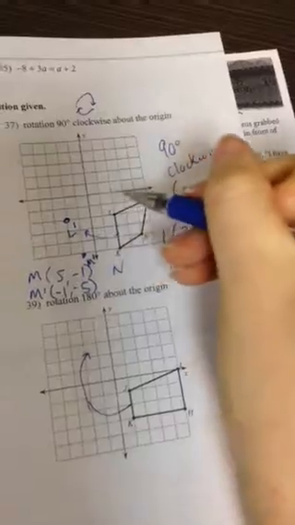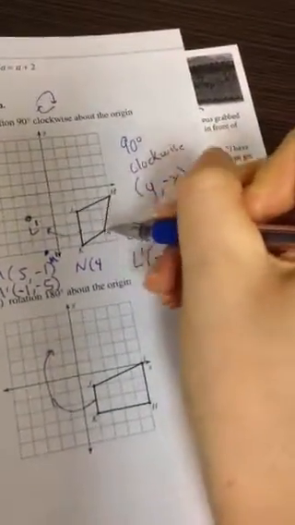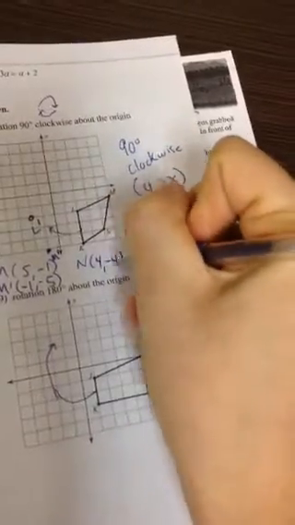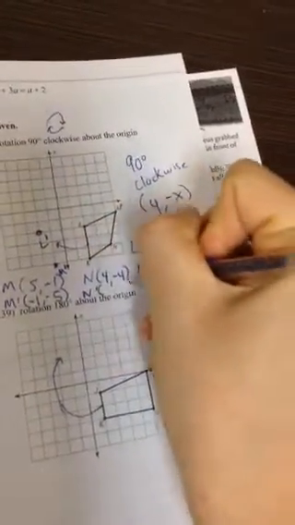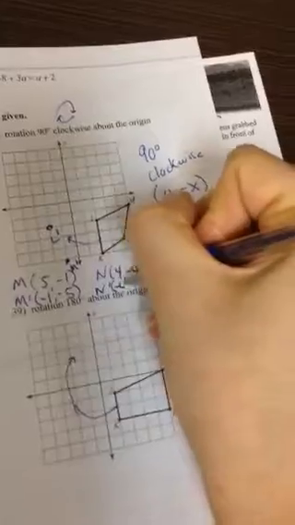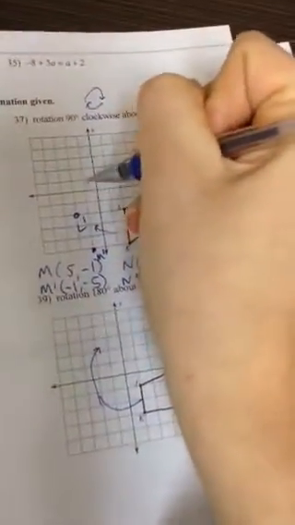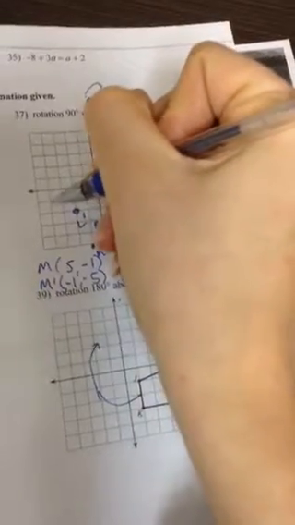And then for N, it is 1, 2, 3, 4, 1, 2, 3, 4. And N prime would become, so my y switches with my x, and my x becomes negative, -4, -4.